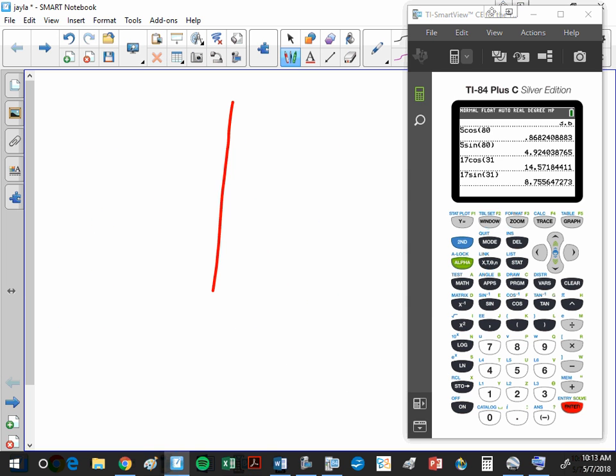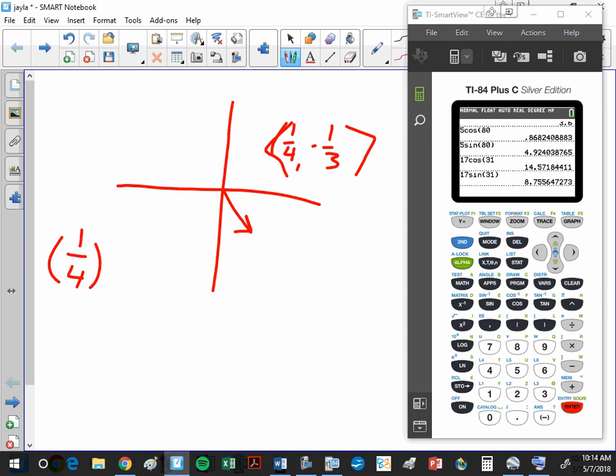Okay, what if the vector is already less than 1? So let's say 1/4, -1/3. The process is the same. Well, now it's too short. I need to lengthen it out a little bit. So 1/4 squared plus 1/3 squared equals h squared.